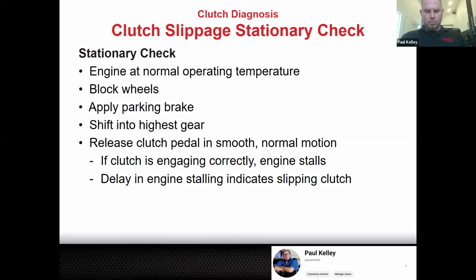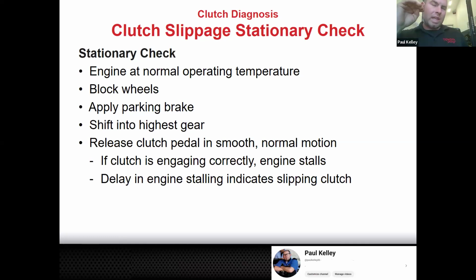What should happen? As smoothly as you release the clutch, the engine should just die. It shouldn't be like, that clutch is slipping. If you got your clutch pedal out in 6th and it stays running, that clutch is wasted. Okay. So that's the way to do it.